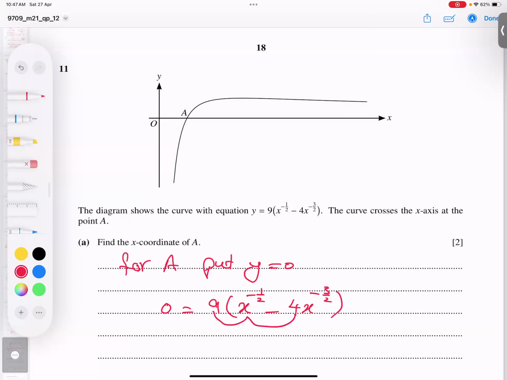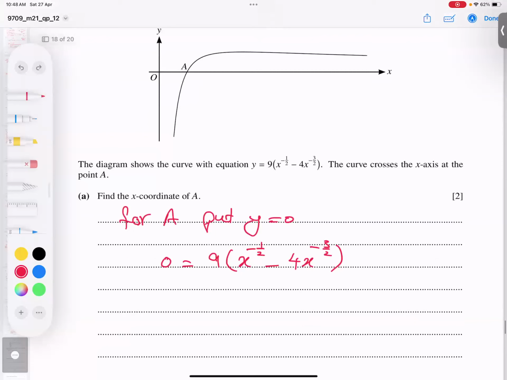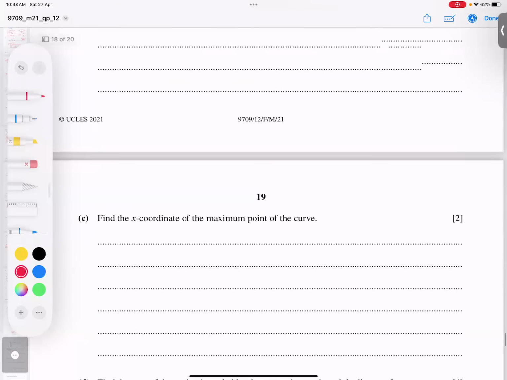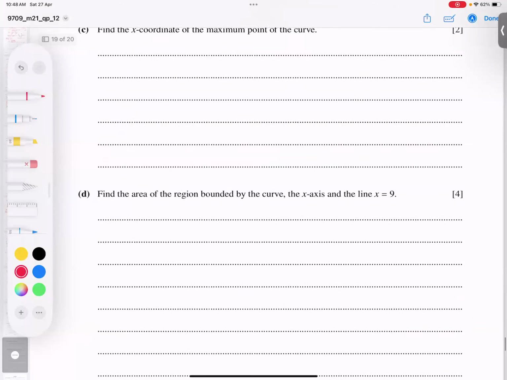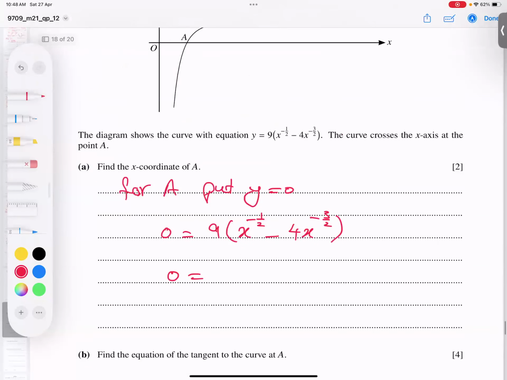Either you multiply the 9 inside to reduce the disturbance, or the 9 will go under 0, finish. But here, no problem. But in the question, maybe the next part, let me see. Yeah, in the stretching of coordinates and the area integration part, it is better to multiply inside. Otherwise, this 9 will disturb you a lot. And not all, some students, basically, are weak in algebra. That is why they are getting issues.